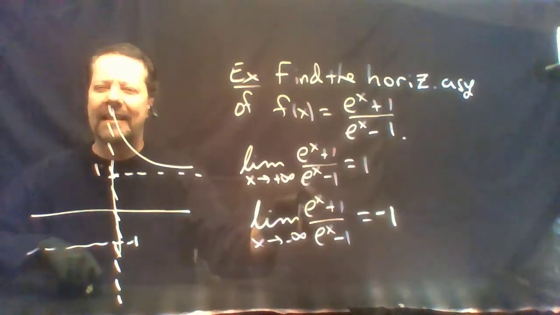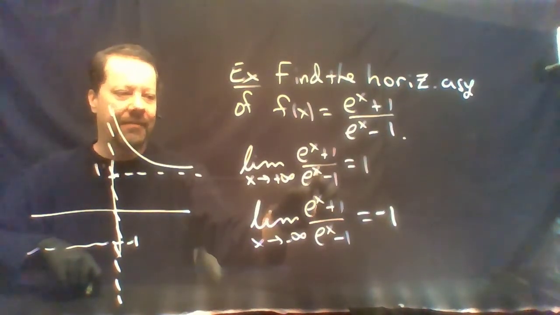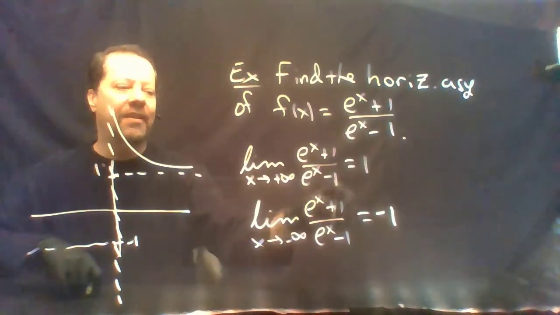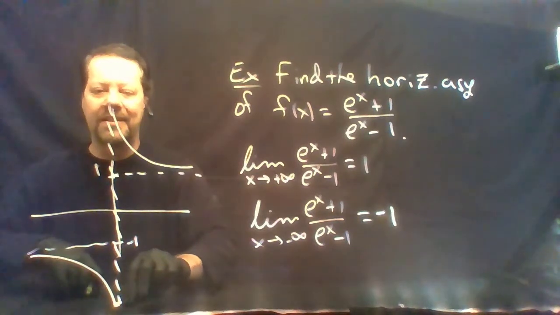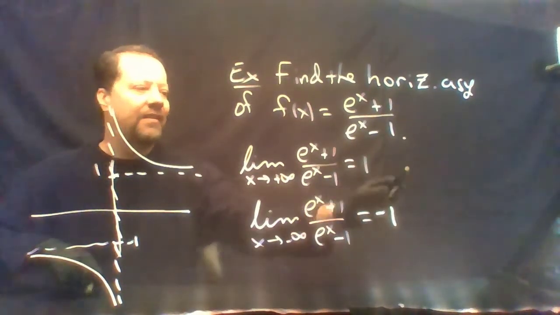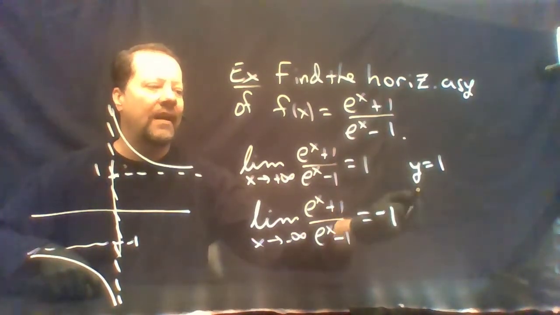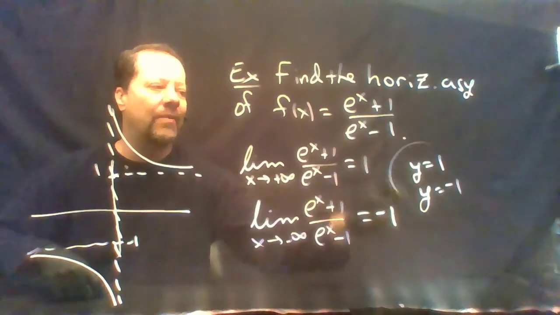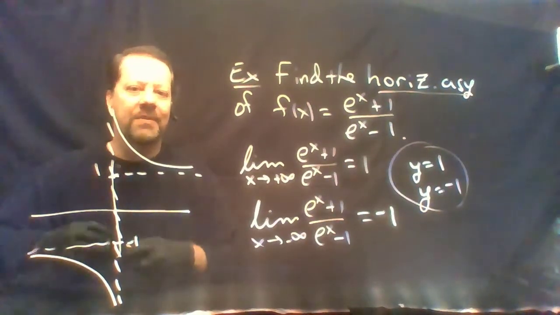E to the x will be slightly less than 1 if x is left of 0. And so you'll end up with negative tiny numbers. The function will go to minus infinity on the other side. So we have y equals 1 and y equals negative 1 as our horizontal asymptotes. There's also a vertical asymptote at x equals 0.